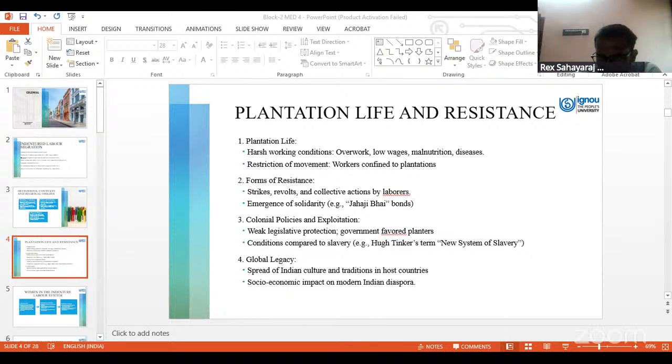So there was a lot of exploitation by the agents because they promised a lot. Now, like a cyber crime, I can say, they would make false promises that they will earn money and everything. They recruited people because they earned money by this.